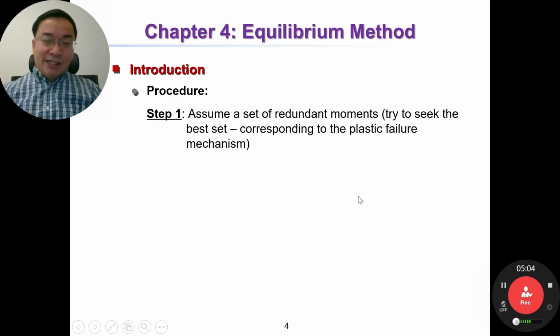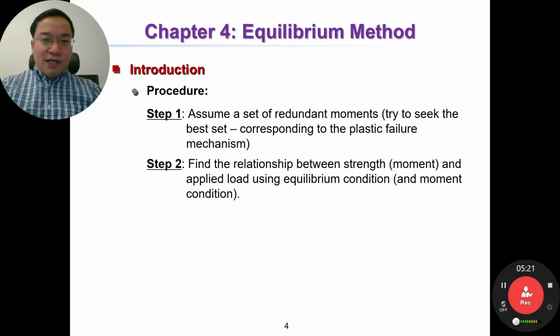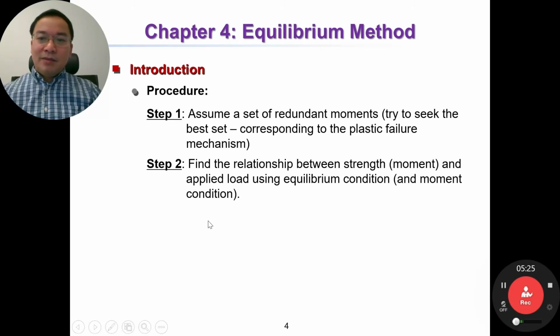This is easy for a simple structure, but not easy for a complex structure like a building frame. We will talk about that later. The second step is to find the relationship between strength, maybe the moment, and applied load using the equilibrium condition.